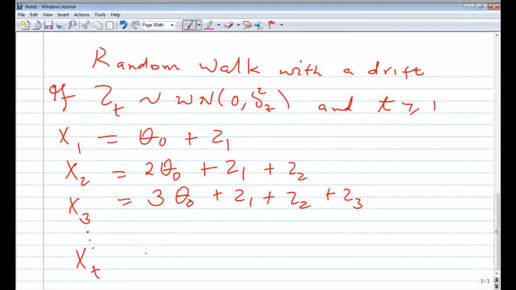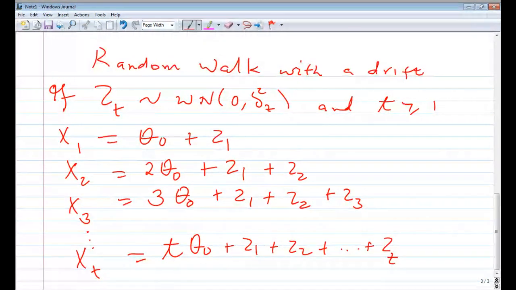Xt will be equal to T theta 0 plus z1 plus z2 plus up to zt. Therefore, the process xt is called a random walk with a drift.